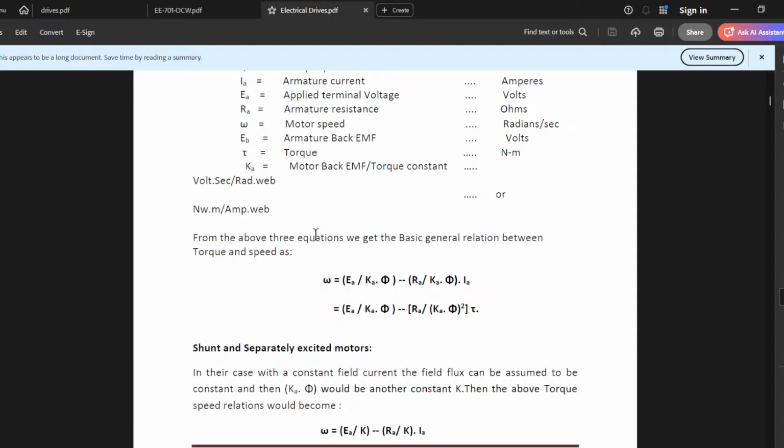From the three equations above, we get the basic general relation between torque and speed. Remember this, guys, this is very important. We have back EMF equal to K phi omega, torque equal to K phi current, and EA equal to back EMF plus IR.